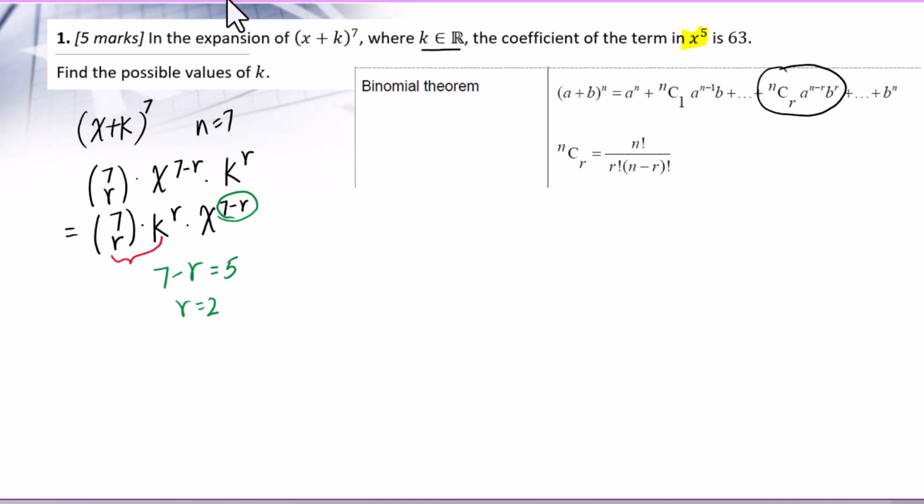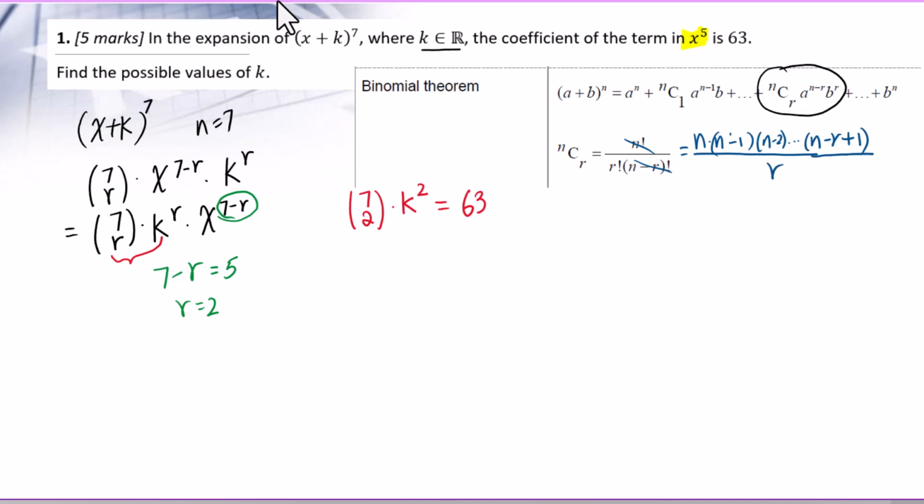The coefficient of x to the 5th power is 7 choose 2 times k squared, equals 63. We know for this combination, n choose r equals n times n minus 1 times n minus 2 up to n minus r plus 1, over r factorial.